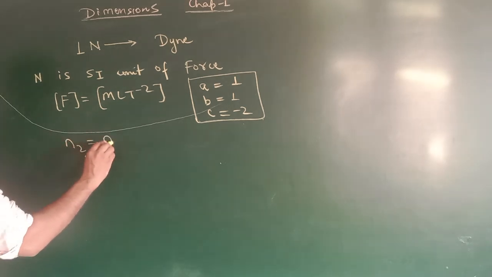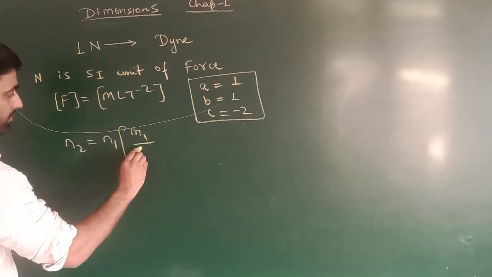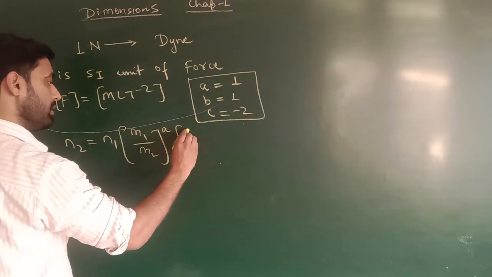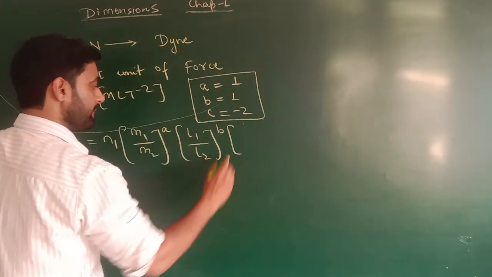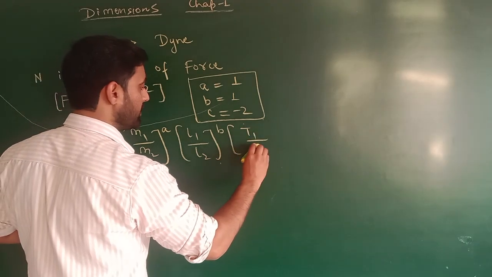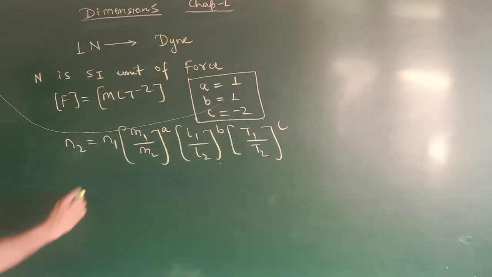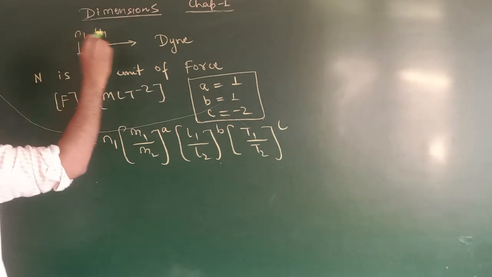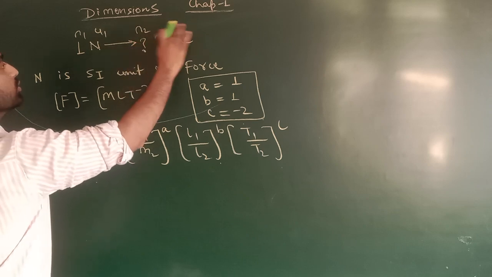N2 is equal to N1 M1 divided by M2 power A, L1 divided by L2 power B, T1 divided by T2 power C. This is N1, U1, N2 is unknown, and this one is U2.